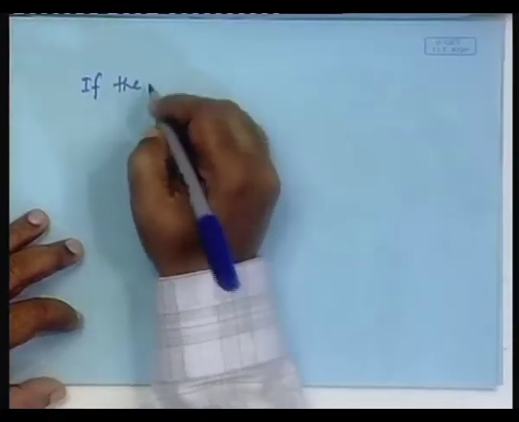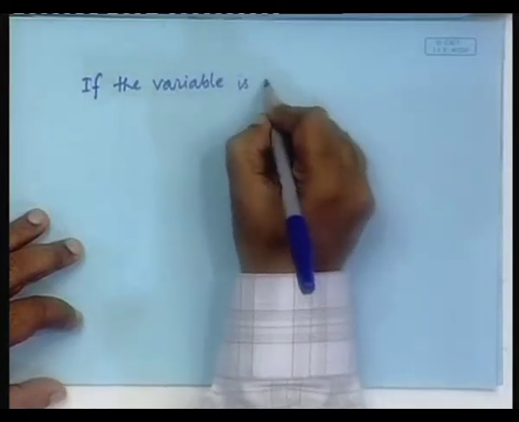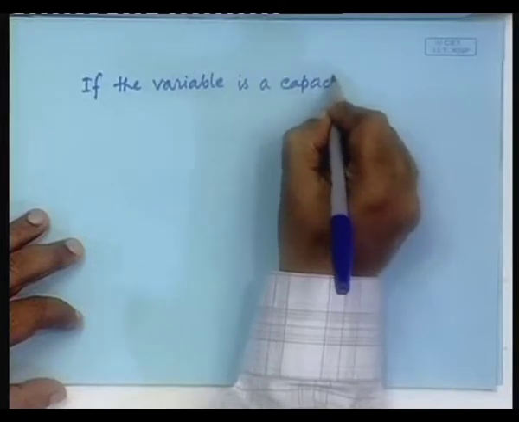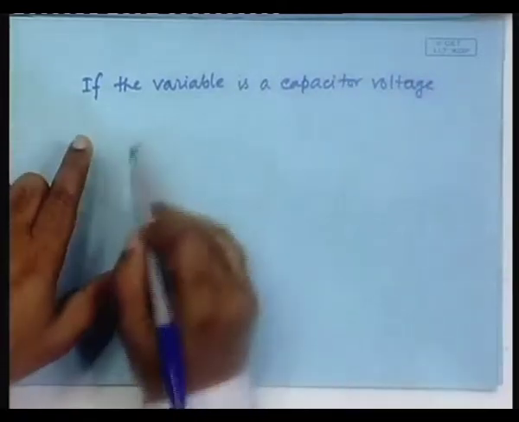Now, when we try to obtain the differential equations, what will we do? First, we will say that okay, now I am trying to obtain the state variable equation for this particular capacitor branch. I am now trying to obtain it for this particular inductor branch. Good. If the variable is a capacitor voltage, obviously that capacitor will be part of the standard tree.